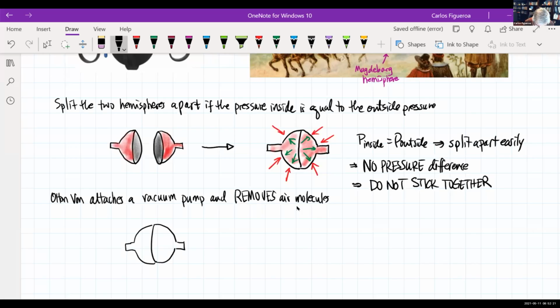So what happens here is that as he does this, he attaches a hose, and what he's doing here is he's literally coming in here and removing air molecules. Now we've got to be careful here, because what's really pushing on the hemispheres, which I did not say, is what?